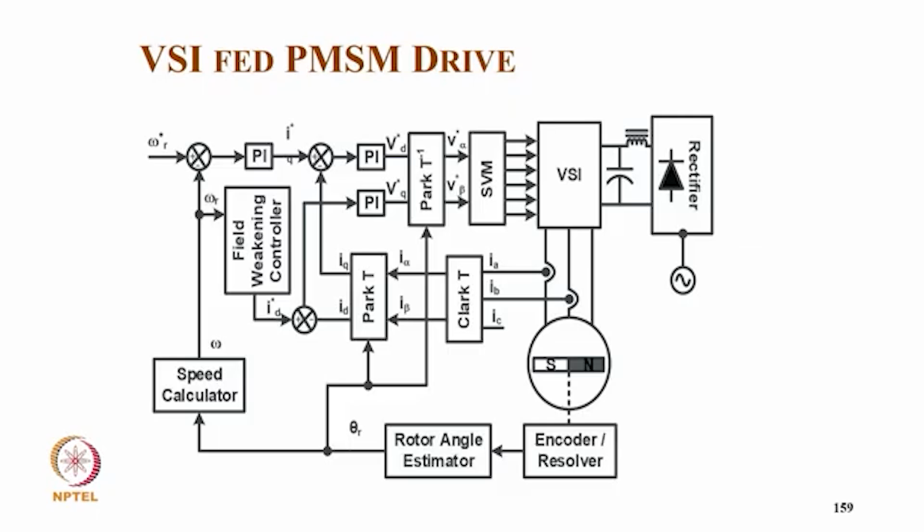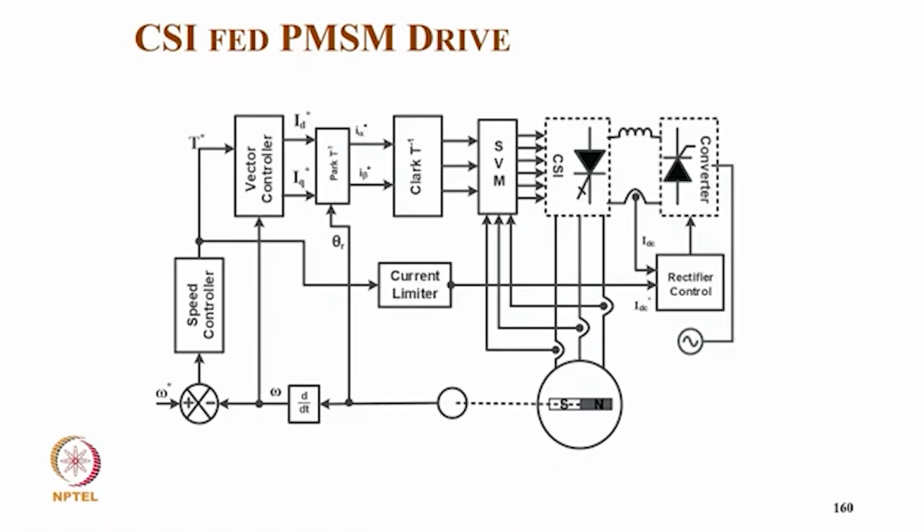This we give to the space vector modulation block, which gives the gating signal, and we sense the current, two currents, and we convert into alpha beta, and with the angle we transform into IDIQ, which is used for the current controller.